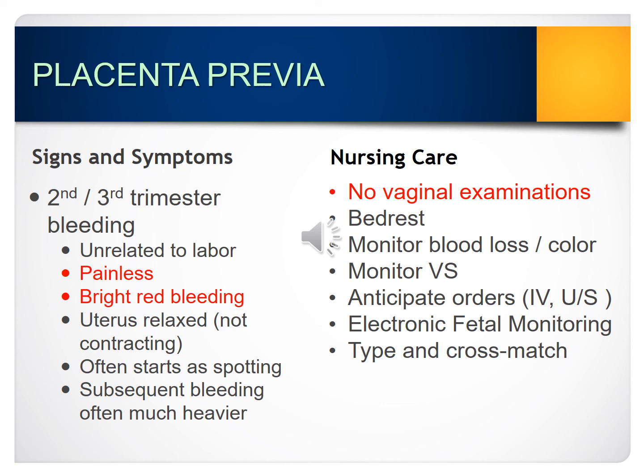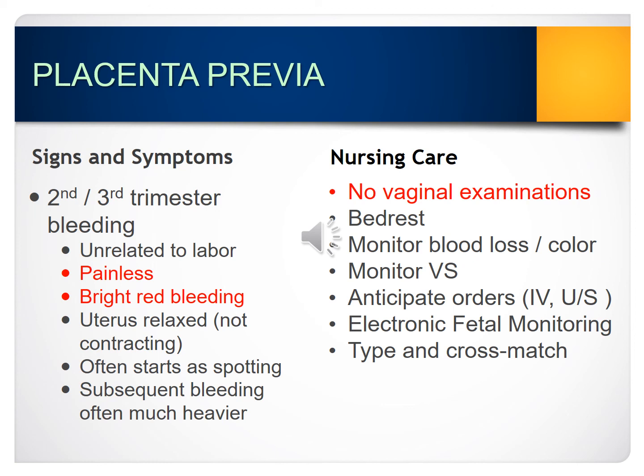Another cause of bleeding late in pregnancy is what we call placenta previa. Placenta previa is a condition in which the placenta is lying near, partially, or completely over the cervix.